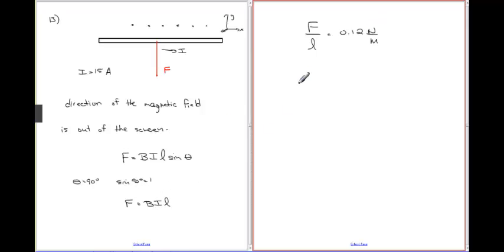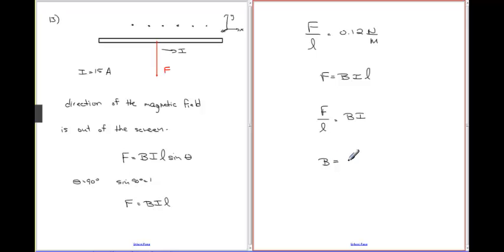So if we take this equation, force equals the magnetic field times the current times the length, and we divide by the length, we get force per unit length. So we now know that part, and that's equal to B times I. And so now we can solve for B.